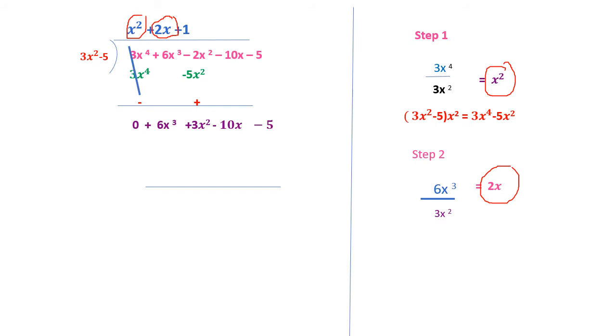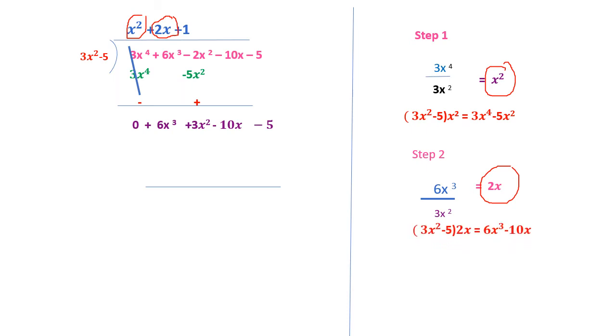After filling the second term of the quotient, the next step is you have to multiply this 2x with the divisor, and mind well, put the divisor in the bracket because there are two terms in the divisor.